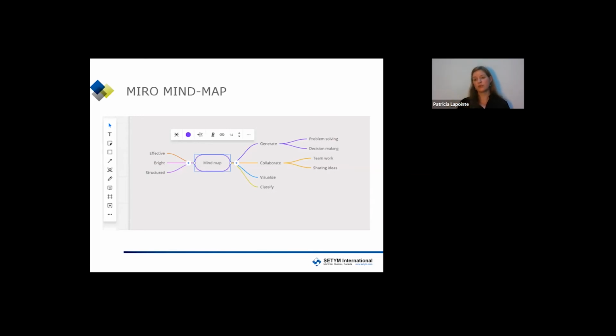There's really a lot of tools there that you can try and improve. There's a free version where you can have up to 3 boards, and of course, for a small fee, you can have the full experience of Miro collaborative. So this is like a whiteboard that allows you to save, share, and create your own project plan if needed.